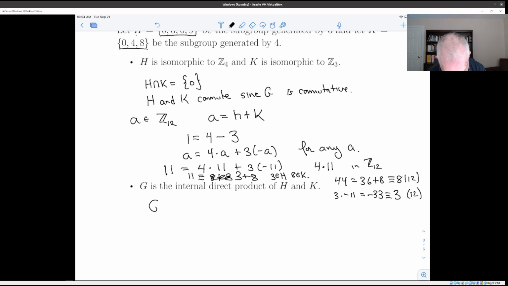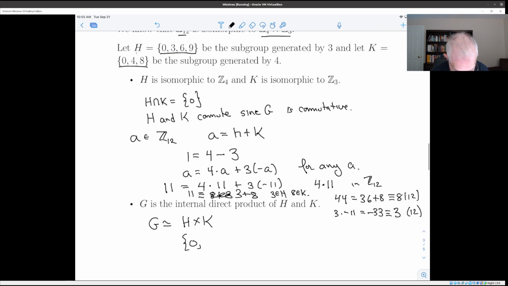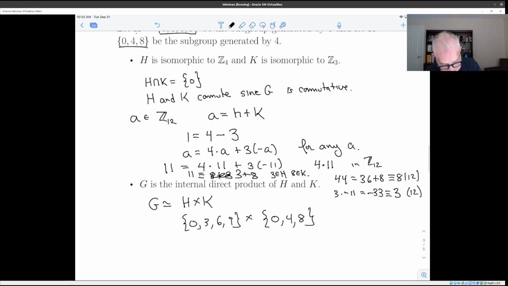In other words, G is isomorphic to the product of H cross K, and the map is you send H, which is 0, 3, 6, 9, and K, which is 0, 4, 8, and the map is you just add these things together. And that turns out to be a bijective map.